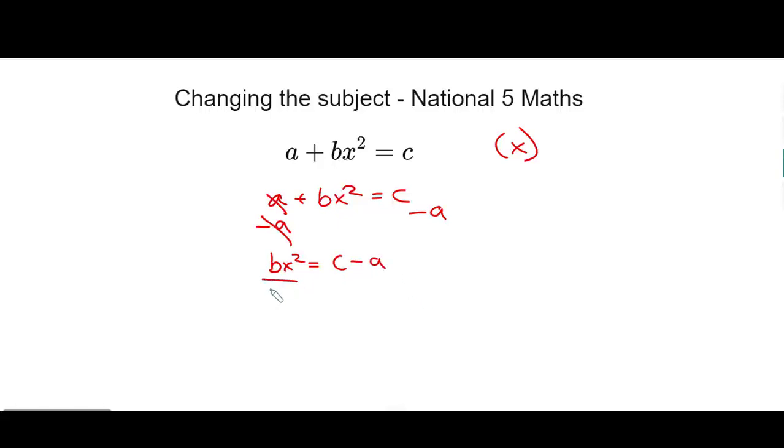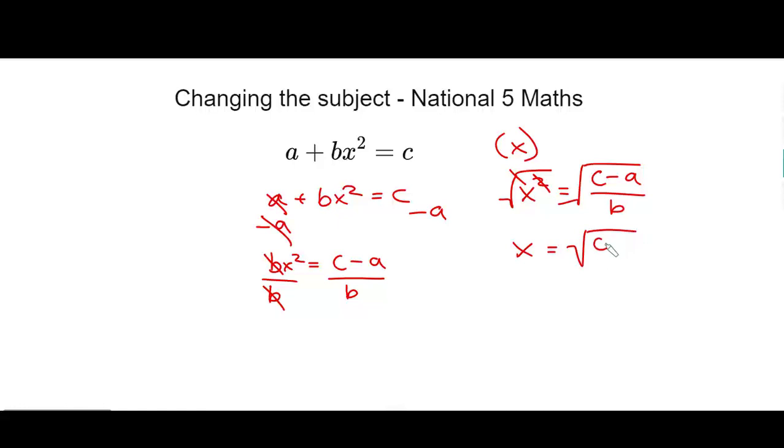So let's get rid of b, divide by b, because it's multiplying the x squared. So we divide by b on this side. So x squared is equal to c minus a divided by b. So to get rid of the square, we take the square root, cancel, and we take the square root of this. So x is now equal to the square root of c minus a divided by b.